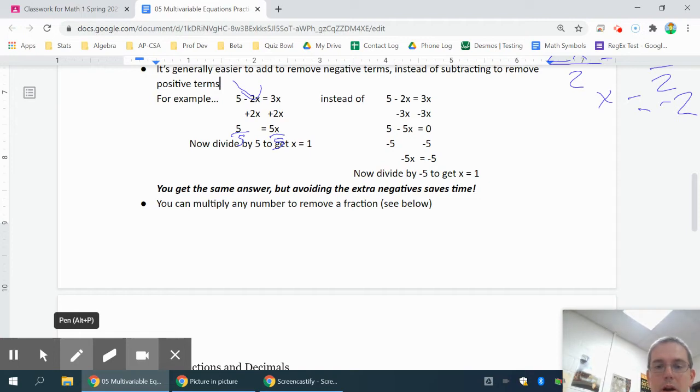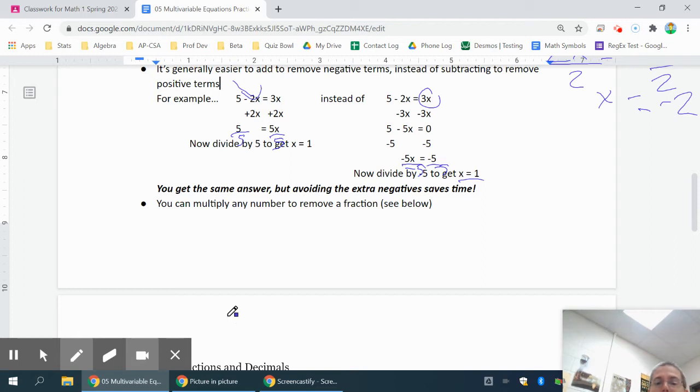If you try to get rid of the positive, though, by subtracting 3x from both sides, you have a 5 minus 5x equals 0. You need to subtract 5 again, so I get a negative 5x equals negative 5, and I divide both sides by negative 5. So negative 5 divided by negative 5 is positive 1. So that is a helpful way to do that.